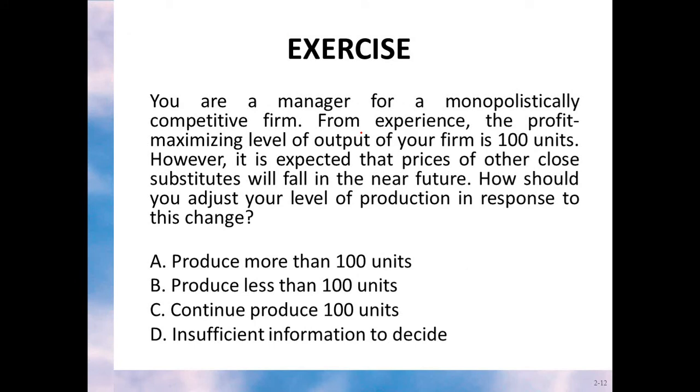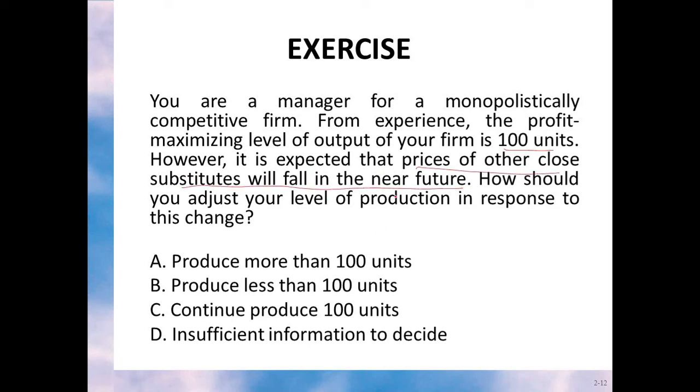All right, so here we look at the exercise a little bit. If you look into this question, this is a monopolistic competitive firm. The profit maximizing level of output is 100 units. However, it is expected that the price of other close substitutes will fall in the near future.